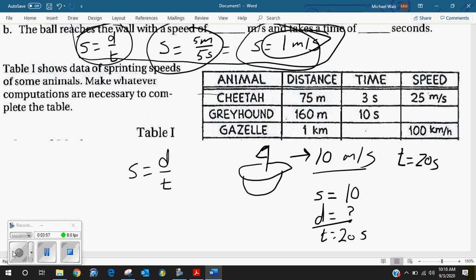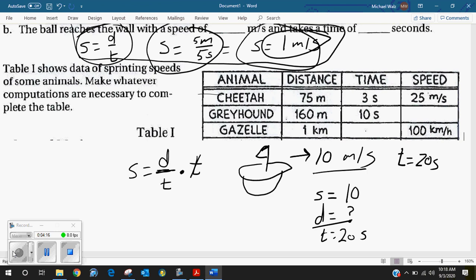If you look at this formula, this is what we're looking for, this d. In order to solve for d, you have to get it alone. So you have to do the opposite mathematical function to clear it out. This is divided by t, because the t is underneath.